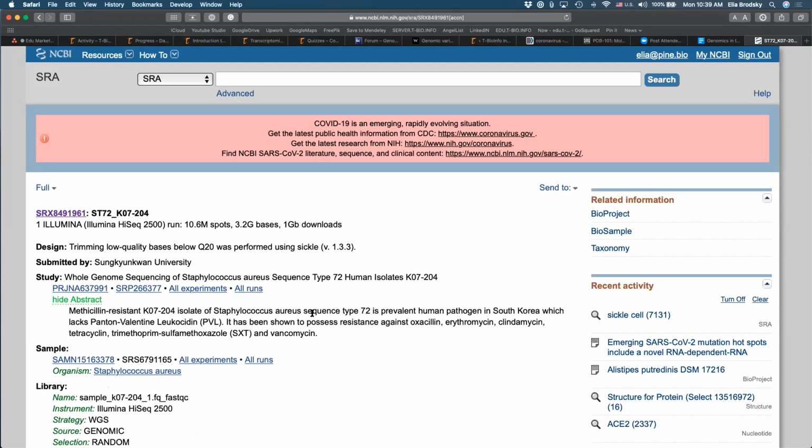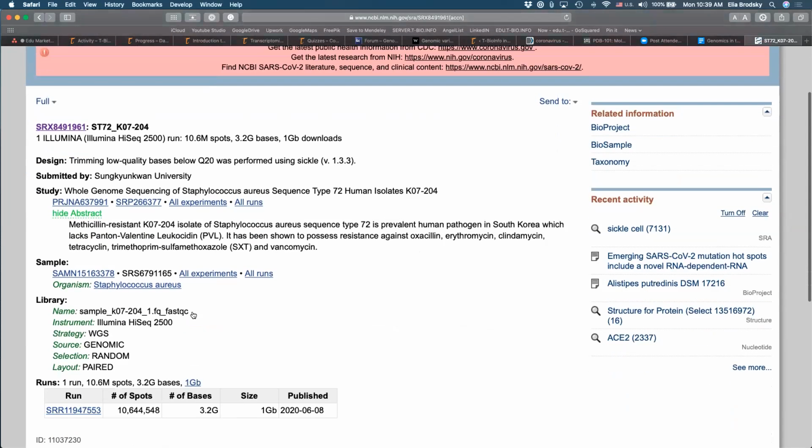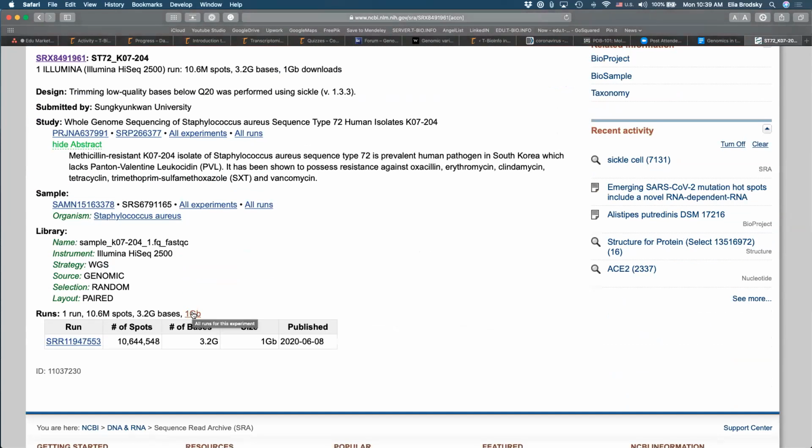So this is Staphylococcus aureus, sequence type 72, a prevalent human pathogen in South Korea, which lacks Panton-Valentine leukocidin. It has been shown to possess resistance against oxacillin, erythromycin, clindamycin, tetracycline, etc. So a lot of different drugs. And so this is a drug-resistant pathogen. If you want sequencing about that pathogen, maybe to study the accumulation of mutations that cause it to be resistant to drugs, you can find it right here.